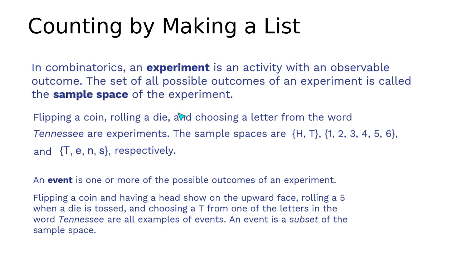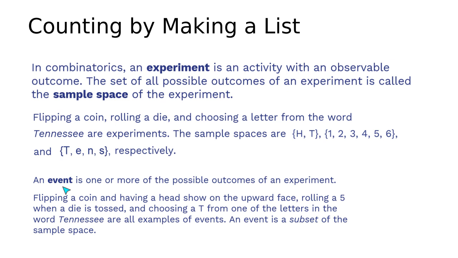The set of possible outcomes, we call the sample space. The sample space of flipping a coin was H, T. The sample space of rolling a die was 1, 2, 3, 4, 5, 6. And the sample space for choosing a letter from the word Tennessee was T, E, N, S.